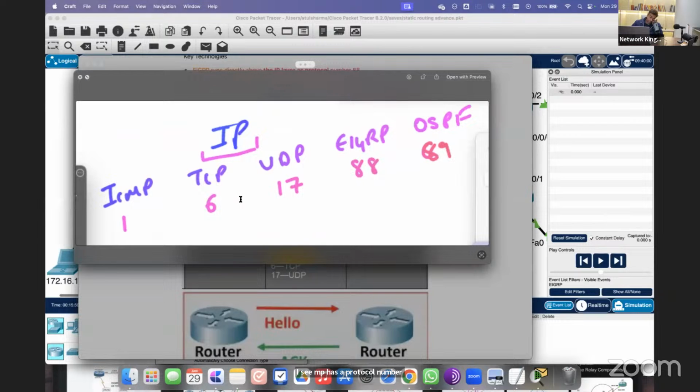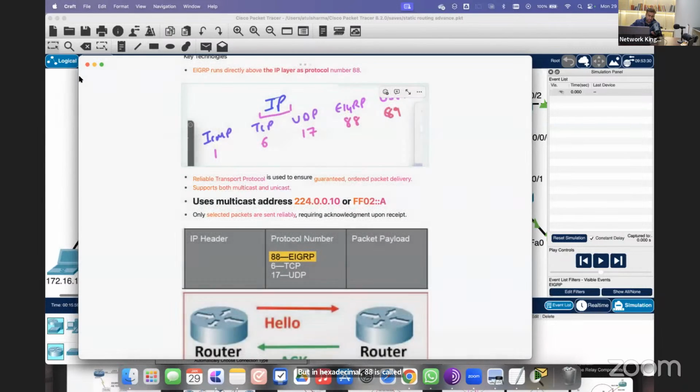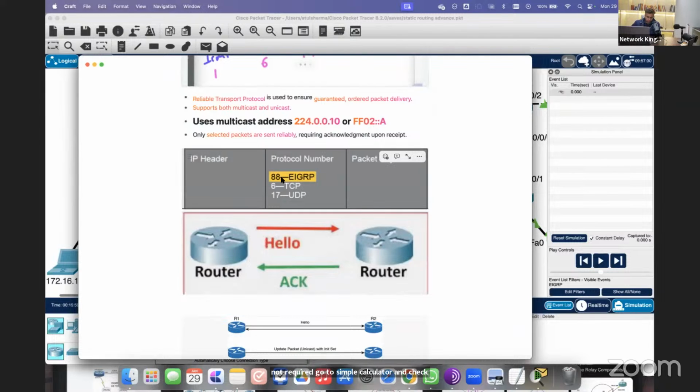So the protocol number tells what protocol you are carrying, which packet is going inside the packet. TCP inside IP, UDP inside IP, EIGRP: what protocol you are carrying inside IP, because IP will give you the source to destination addressing, but what protocol you are carrying. If I'm carrying EIGRP packets, the number will be 88, but in hexadecimal 88 is called 58. You have to understand decimal to hexadecimal, but it is not required. Go to a simple calculator and check. You can see EIGRP has protocol number 88.